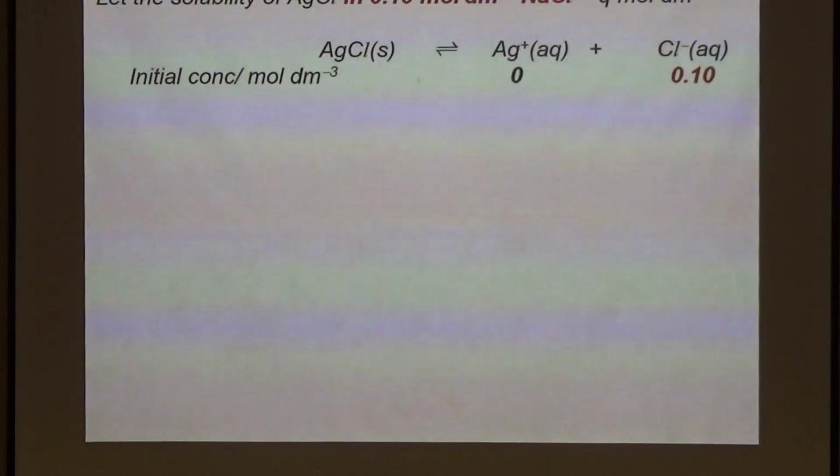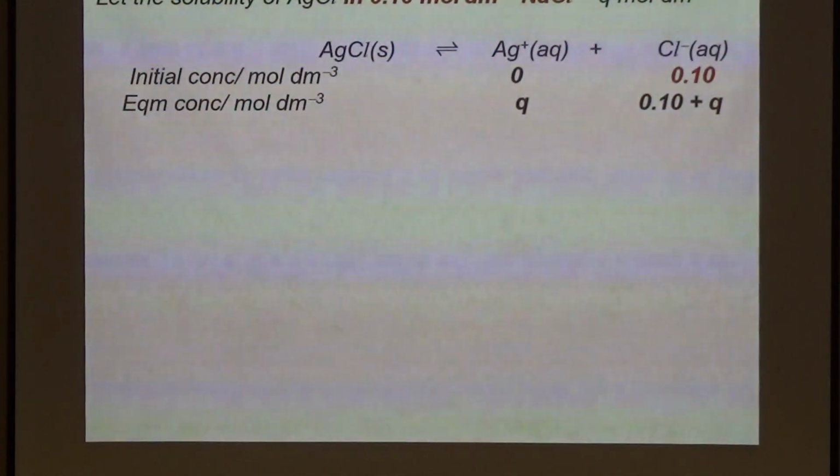You remember from Equilibria, here the initial concentration of the chloride is not zero. This is what you need to realize. We have put in some chloride from another salt, sodium chloride, so it is 0.1 mole per dm cube.